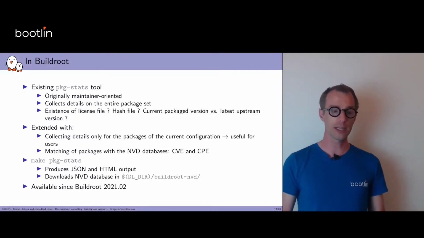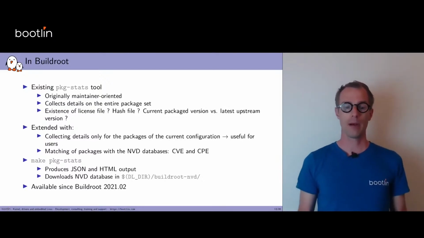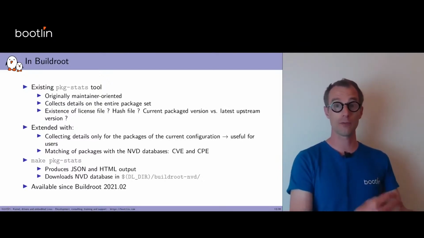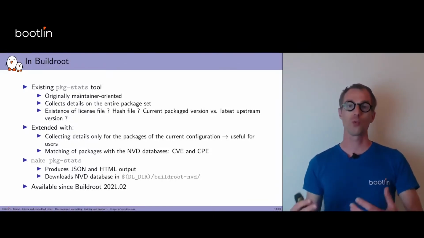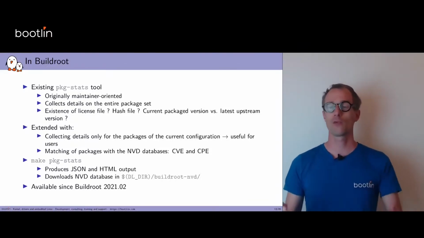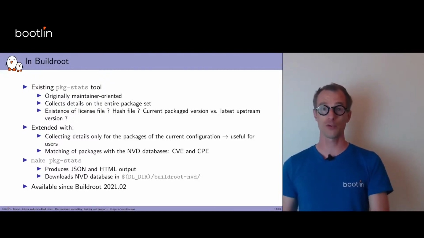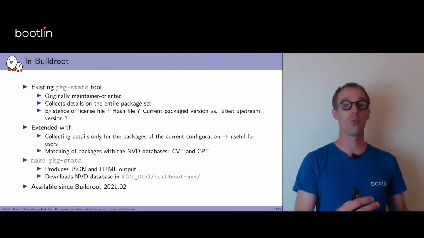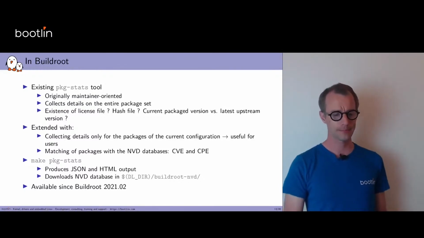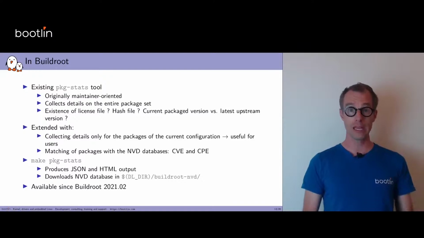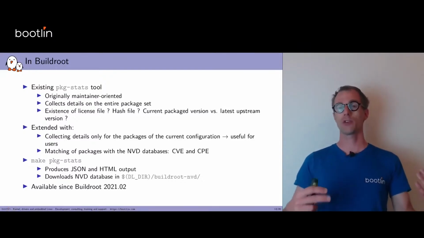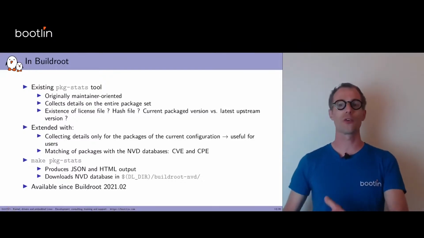And then the other thing we did is that we extended that tool by making it use the NVD databases, the CVE database and the CPE database. So we are now able to detect if one package that you have in your system is affected by one or several known CVEs. And to use this tool, it's pretty simple. You simply run make Pkg-stats, and it will collect the list of packages you're using and the versions you're using.